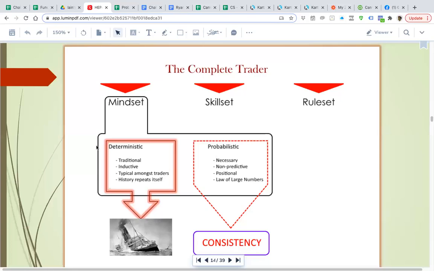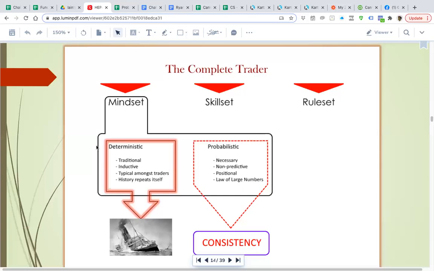So, for instance, if you are trading a trend continuation strategy, you need to be able to determine probabilistically that we are in a trend and not in a consolidating or ranging market. Secondly, because it's a continuation strategy, you need to determine whether you are in an impulse or corrective wave in that trend.